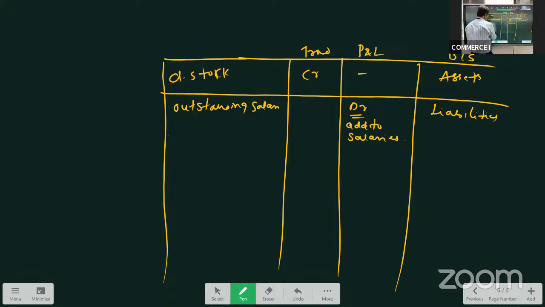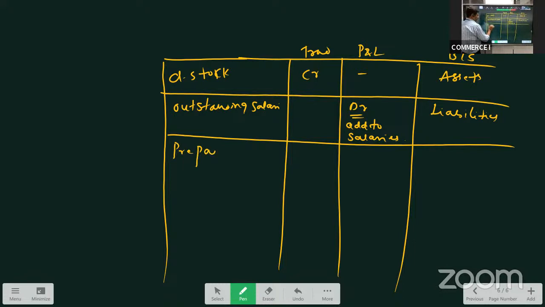Okay. Next. Prepaid insurance. If it is prepaid insurance, P&L debit side and then asset.